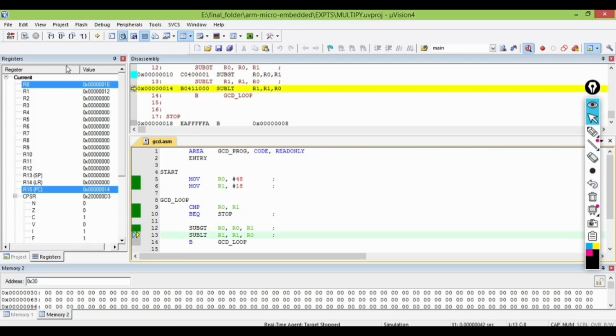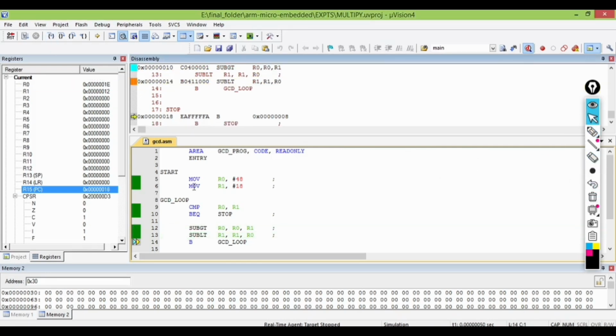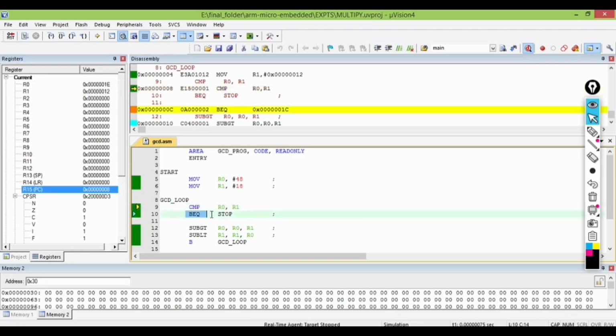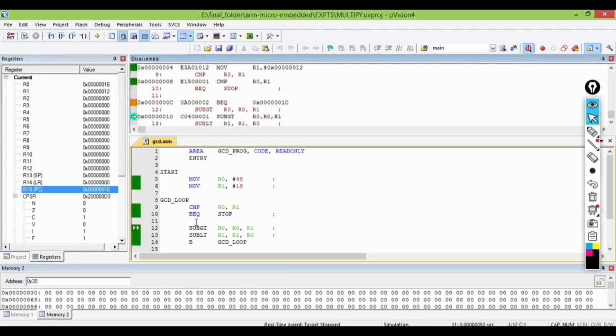This particular instruction will be ignored because in our case R0 was greater than R1, and we are branching back to the loop. So here again comparison happens between which two values? Between 1e and 12. If you notice here, again the first value is greater than the second value and the result is not equal to 0, so this branch is actually ignored.